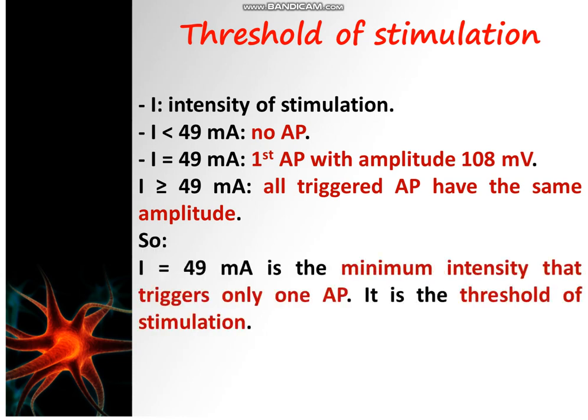So I equals 49 milliampere is the minimum intensity that triggers an action potential. So it is the threshold of stimulation, which means that for this nerve fiber to have an action potential, you should stimulate this nerve fiber at least by 49 milliampere.